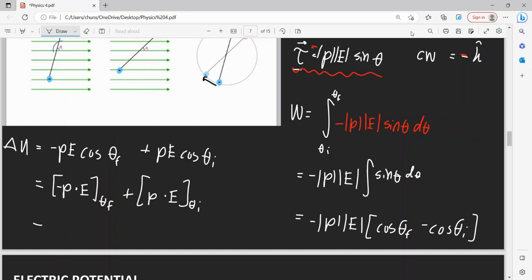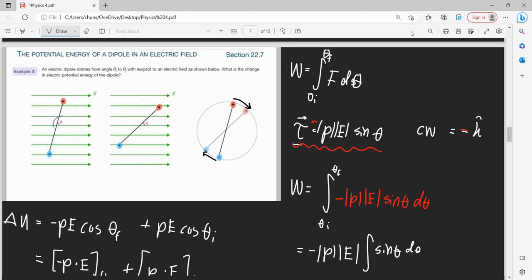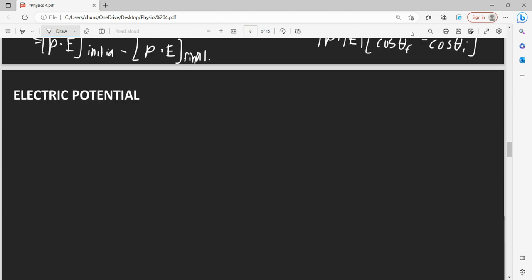And if we move it around a bit, it's P dot E, initial minus our final. So that is our third example for electric potential energy.